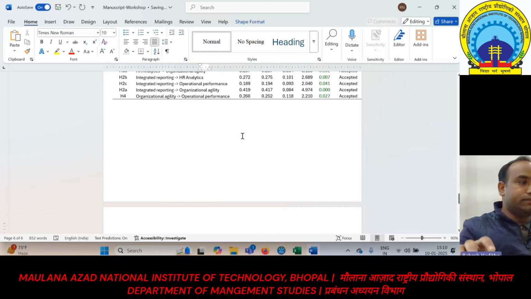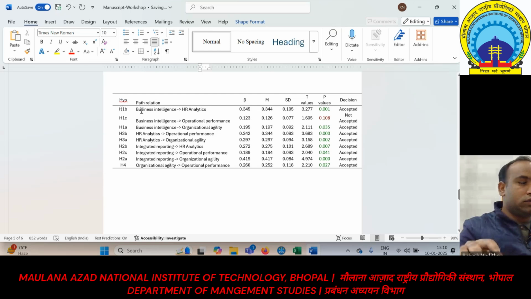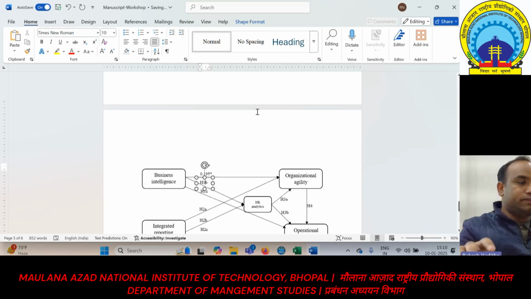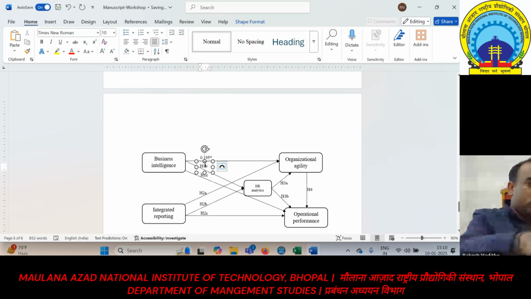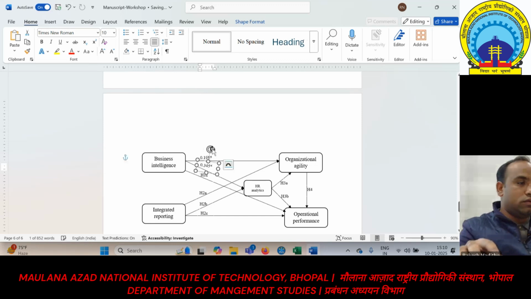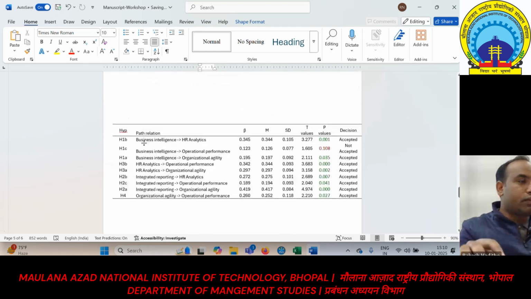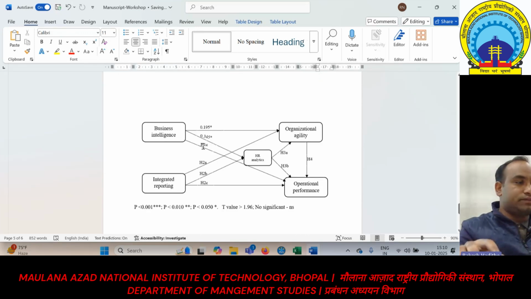Then H1B is 0.345. Then H1C is 0.123. Here no significance.